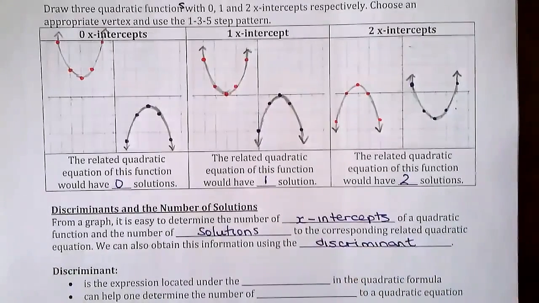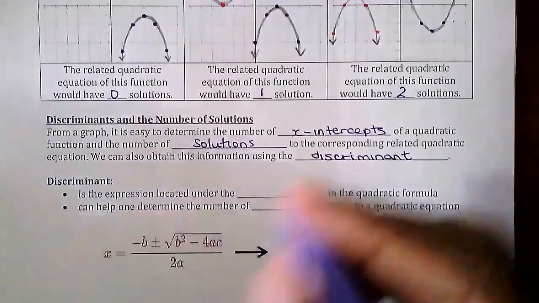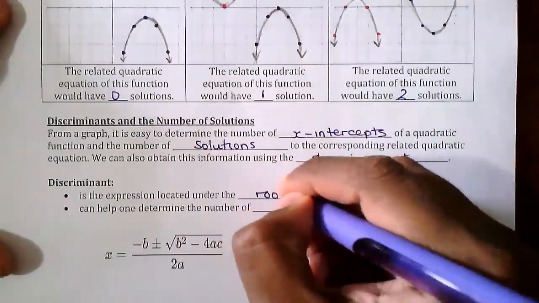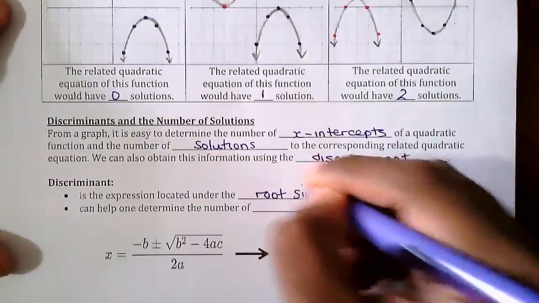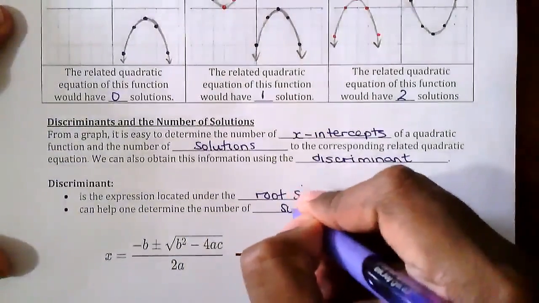So the discriminant can tell us how many x-intercepts a quadratic function has, and therefore how many solutions its corresponding related quadratic equation has as well. The discriminant is the expression located under the root sign in the quadratic formula.